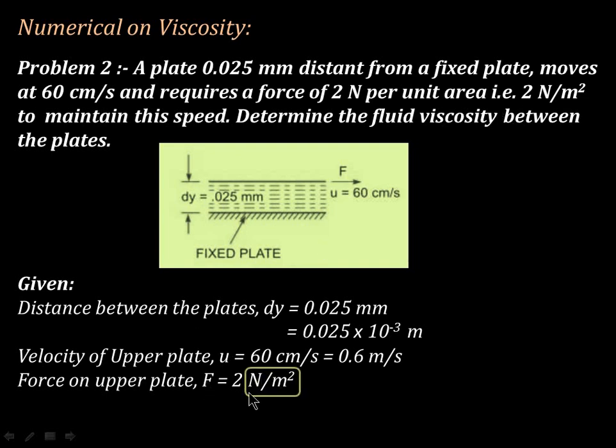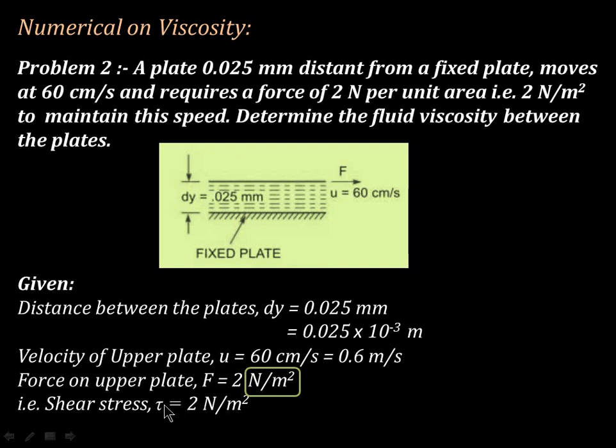But the important thing to note here is that force is given as 2 Newton per meter square, and we know that the unit of force is only newtons, not Newton per meter square. So this value is basically given for shear stress. Shear stress is tau equal to 2 Newton per meter square.